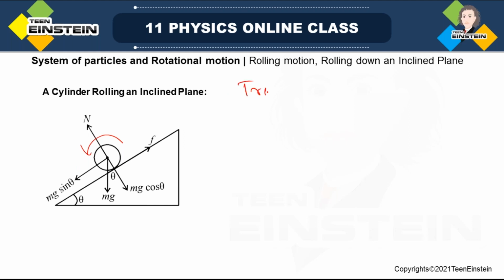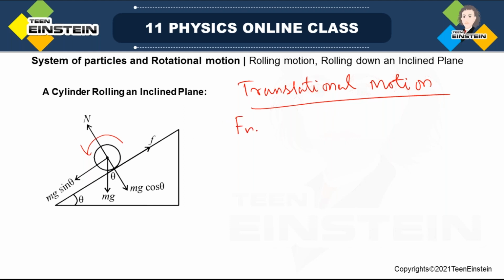I'll consider the translational motion first. Let us take translational motion, which is happening along the inclined plane in the downward direction. According to Newton's second law of motion, the net force downward along the inclined plane, that's why it is rolling down.